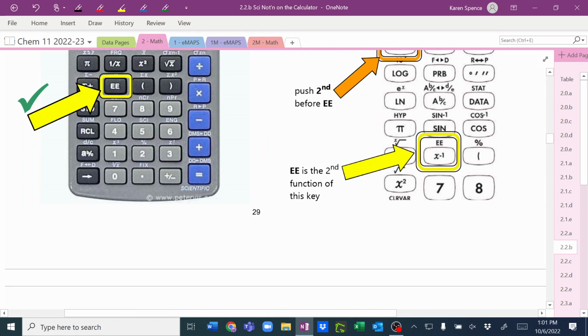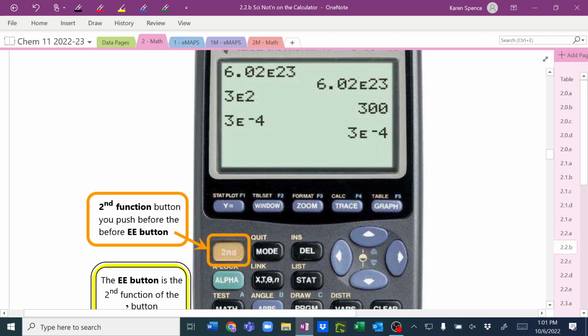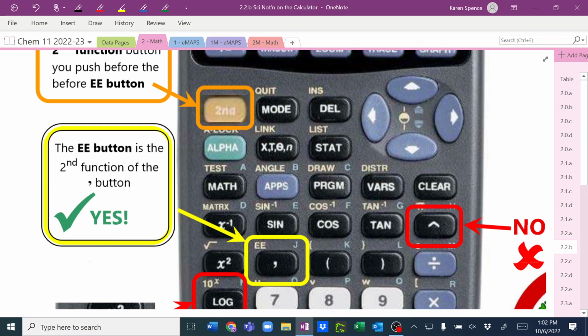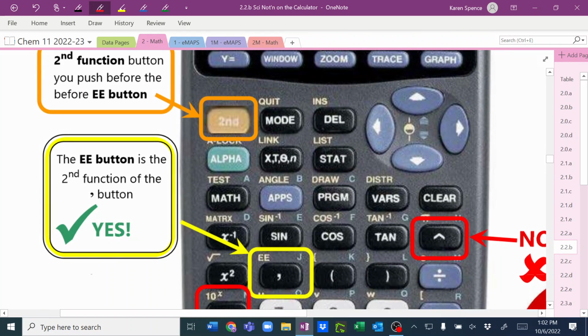I know on at least the older versions of the TI calculator, I don't know if this is still the case, but on those ones you used to have to press the second function button, which is this one here, before you press the EE, which is on top of the comma. You still have to do that. See, that's why I don't like those. I mean, they're great for math, but I wish they had a button where it was just EE.